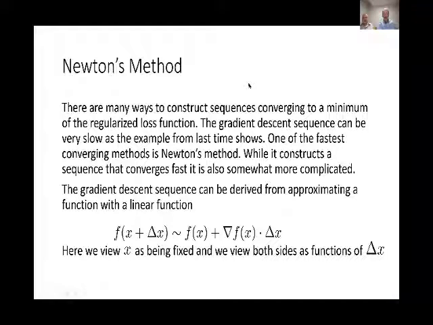Another thing that we saw last time was that the convergence rate of gradient descent can be painstakingly small. It can be so small that in practice you can't find the limit using that.